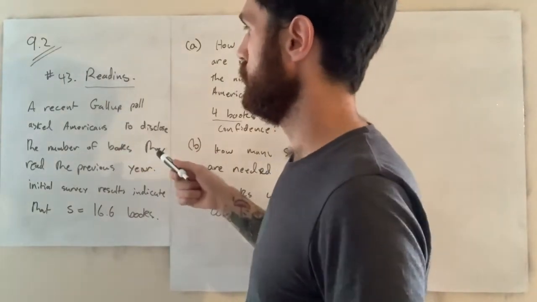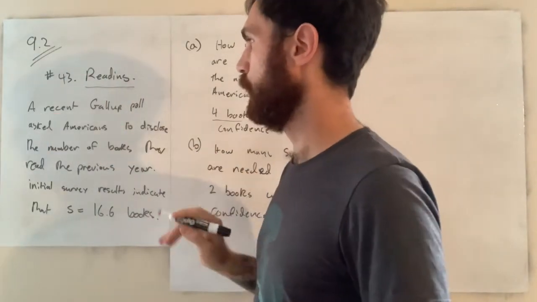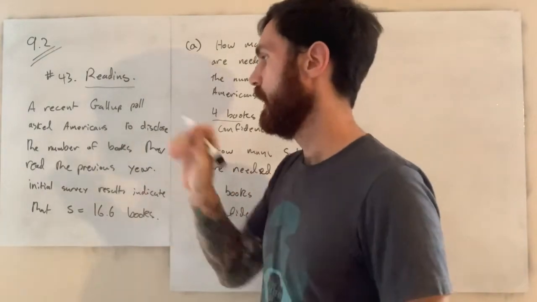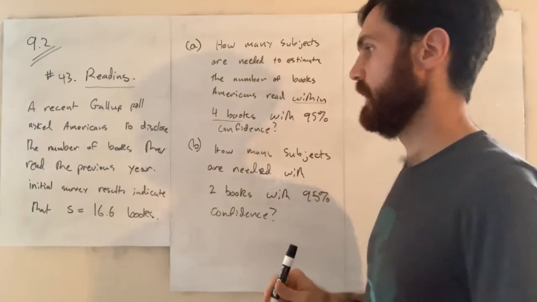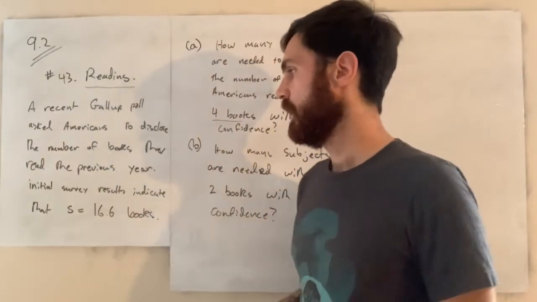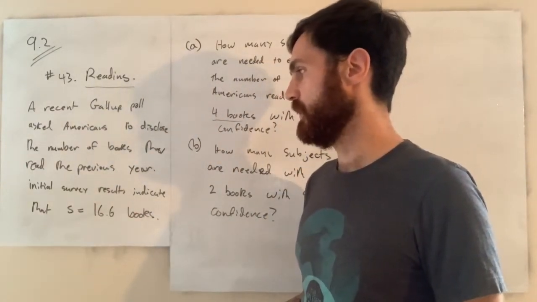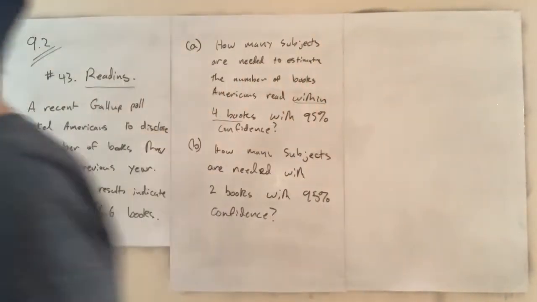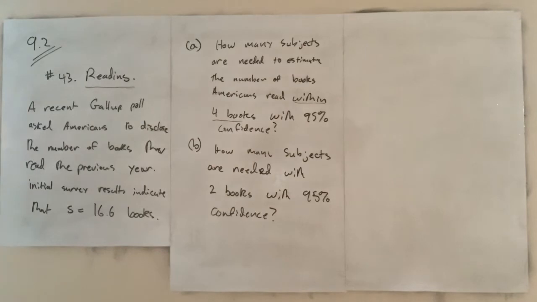So what we have is a recent Gallup poll that asked Americans to disclose the number of books they read the previous year. Initial survey results indicate that the standard deviation is going to be 16.6 books. That seems pretty large. Let me make sure that I have that right.